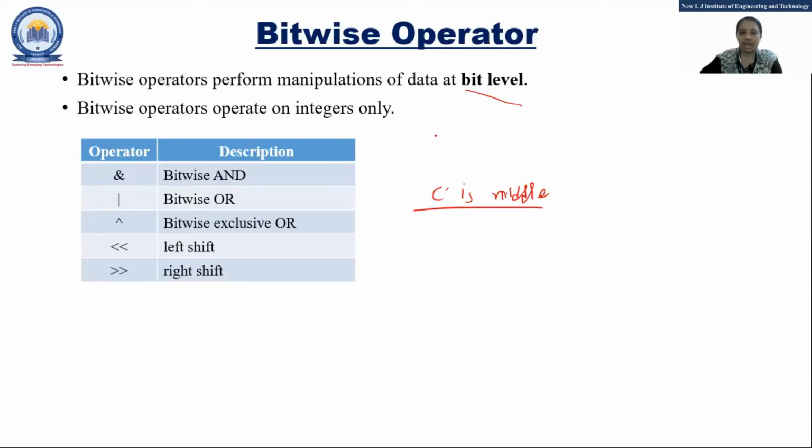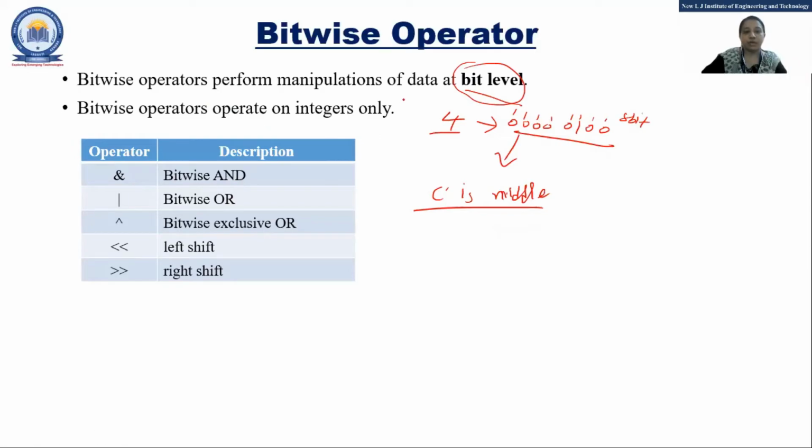We know that 1 byte is there, and it will be converted into bits. Suppose I want to write 4 in binary, how will I write it? 0100, right? You might be knowing this thing. 4 is written like this. So C has some operators which work at bit level, and this is called 8 bit. That's why C is a middle level language. This is the reason.